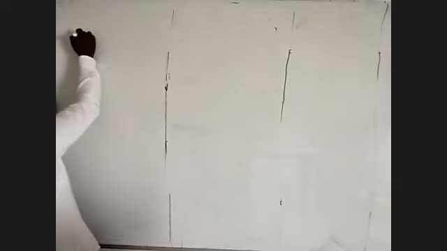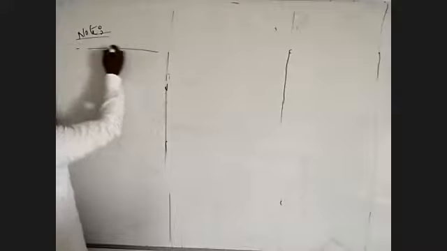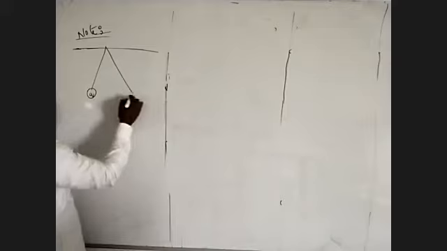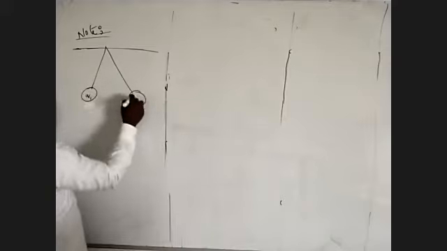Now next, note the point. This is a rigid body. This charge is Q, here charge is Q1, and this charge is Q2.